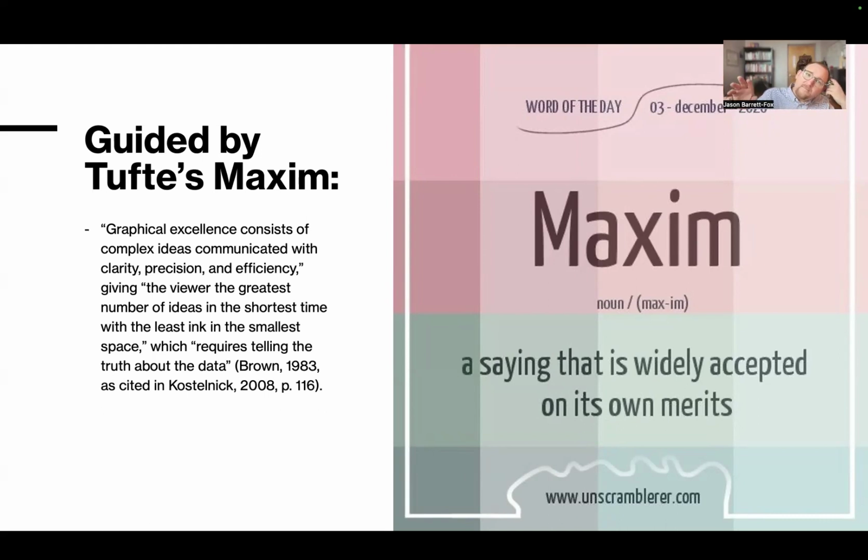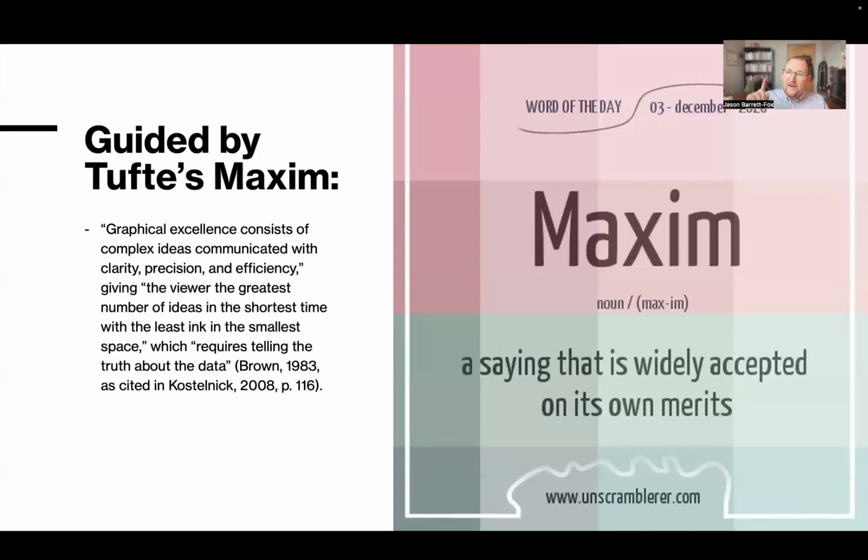And I'll quote here. Tufte's maxim says, graphical excellence consists of complex ideas communicated with clarity, precision, and efficiency, giving the viewer the greatest number of ideas in the shortest amount of time with the least ink in the smallest space. I love this. This is a beautiful, beautiful little construction here.